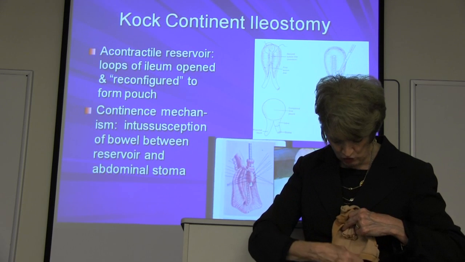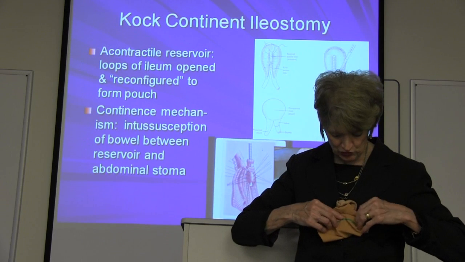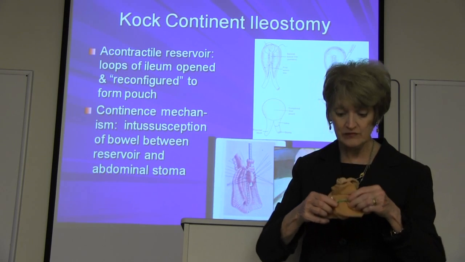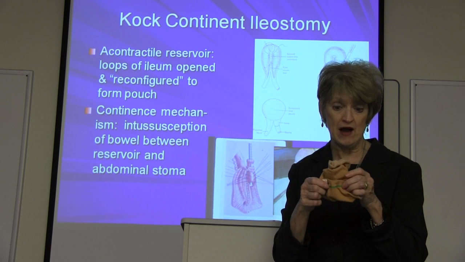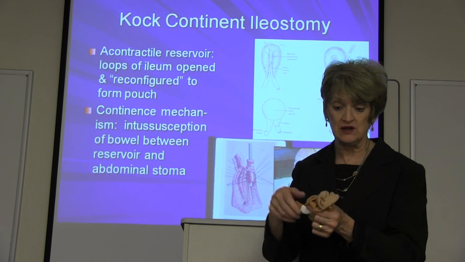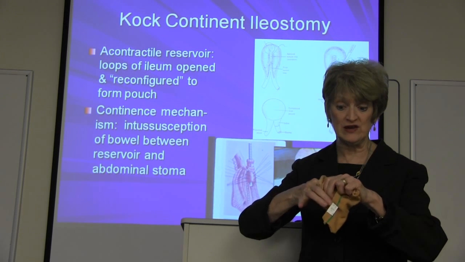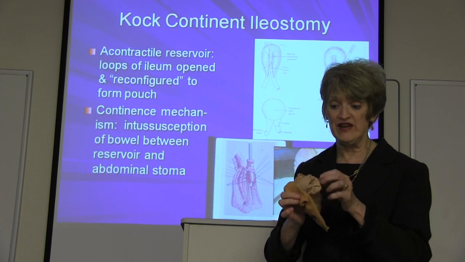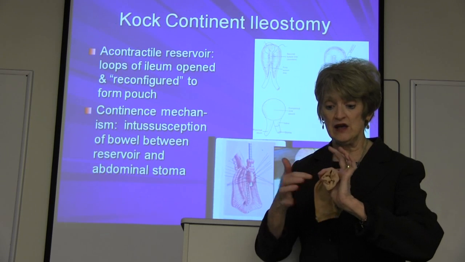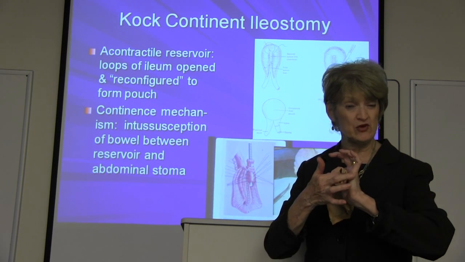So when they fold the bowel over to create the pouch, it's a non-contractile pouch. It just sits and stores. You have your stoma, and in between you have your intussusception, a very tight sleeve. So is the stool going to drain out through here?